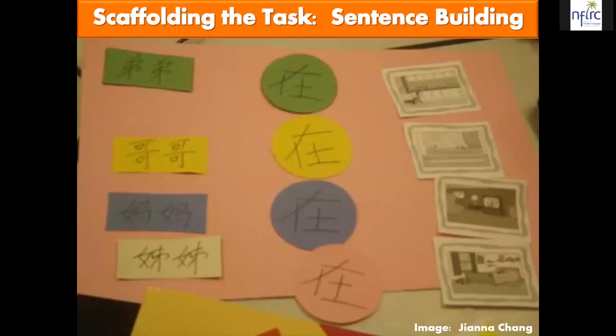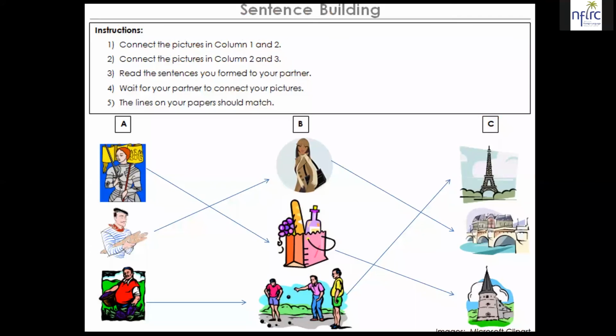I might scaffold a communicative task like sentence building with manipulatives like this. So the person or subject is on the left and the verb down the middle, and then the other piece of the sentence on the right, and students are going to move the manipulatives around in order to make sentences. Another example of that in a worksheet format would be that student A gets a blank worksheet, and they're going to connect all of the pieces, and then they're going to read their sentence to a partner.